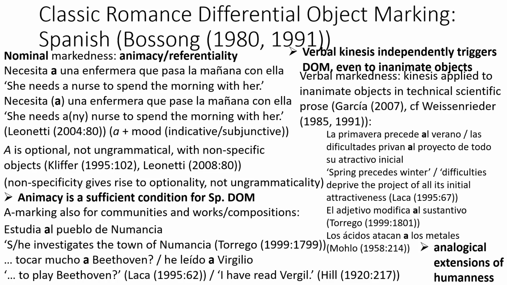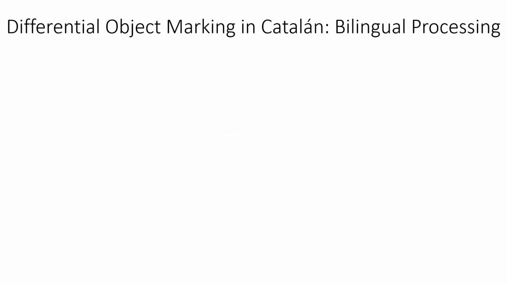All right, so as we can see, in Spanish, DOM is heavy, and DOM is independently triggered by animacy of the noun and kinesis, transitivity of the verb. In other varieties, however, we get micro-variation. For example, in Catalan, modern Catalonia is a bilingual state.